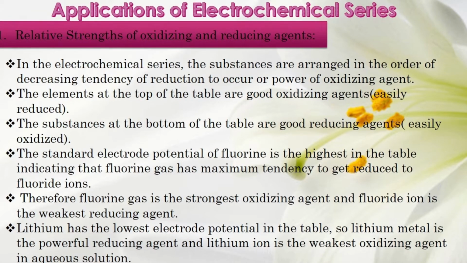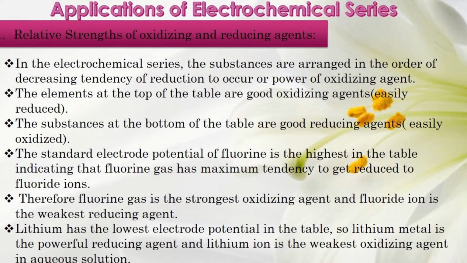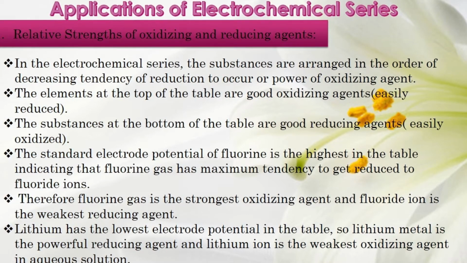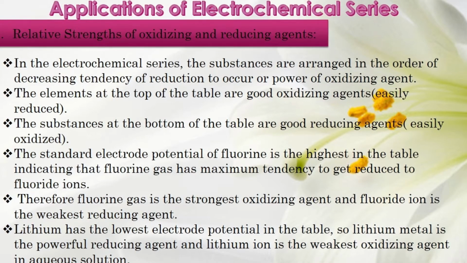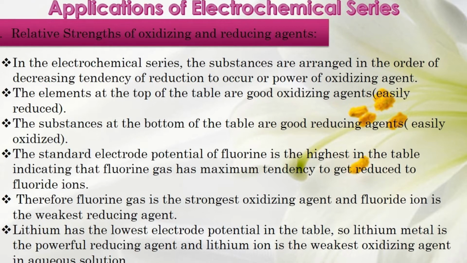From the table, you can see the standard electrode potential of fluorine is the highest value, indicating fluorine gas has maximum tendency to get reduced to fluoride ions. Therefore, fluorine gas is the strongest oxidizing agent and fluoride ion will be the weakest reducing agent.